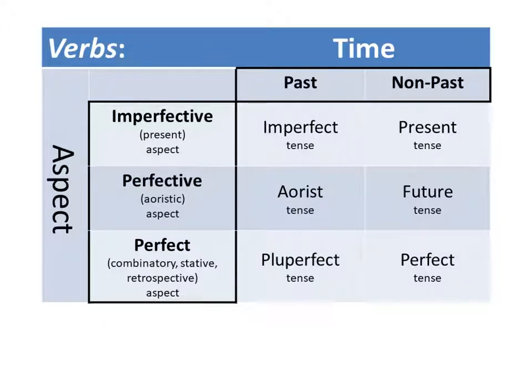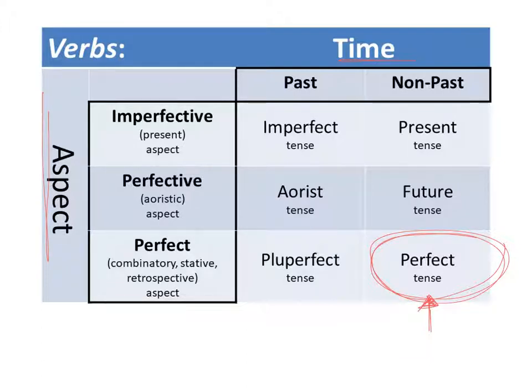So different specific ways we can do this is this chart that we've seen, where we have the time and we have the aspect. Now, there are three different aspects and two different relations to time, and each of the tenses that we learn will relate to all of these. Now, the tense that we're going to learn today is the perfect. And the perfect is non-past, which is in most cases present.